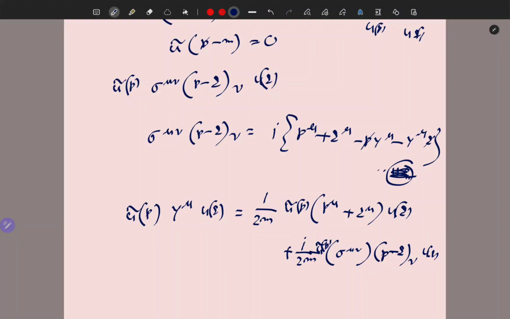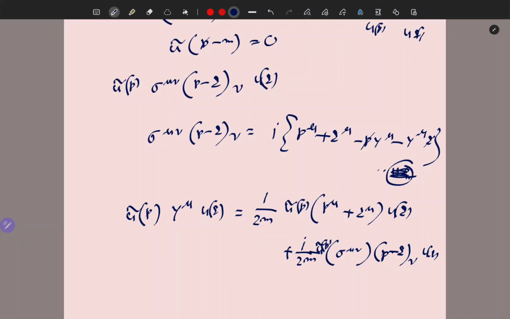The above decomposition, known as the Gordon decomposition, splits the Dirac current into two parts. First, not involving gamma matrices, the convection piece, and the second is the spin piece. We conclude this lecture chapter by examining the spinor representation in the Lorentz group.